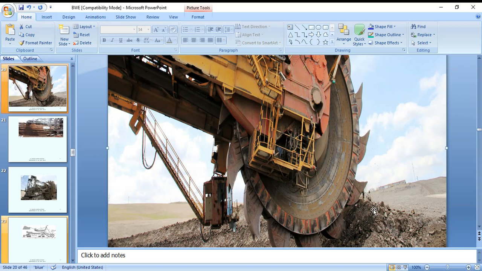See how the buckets are grounding against the ground.